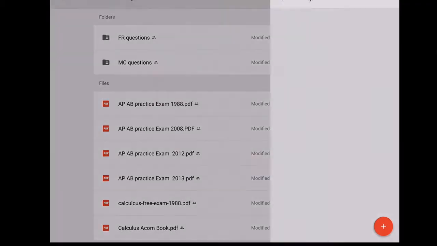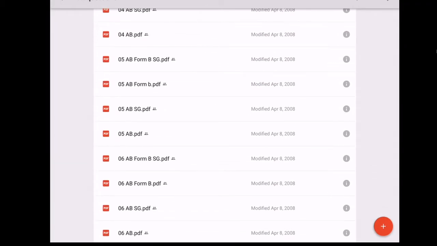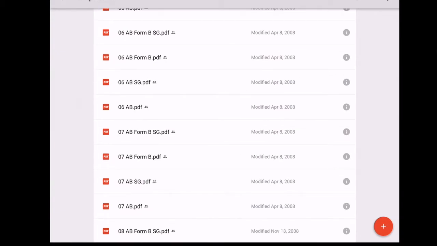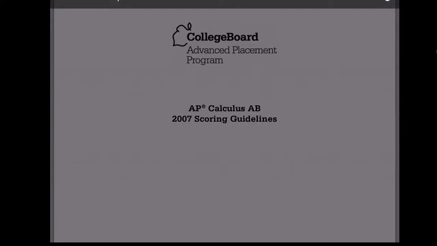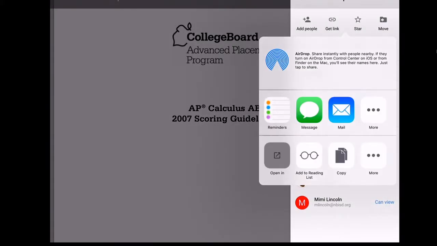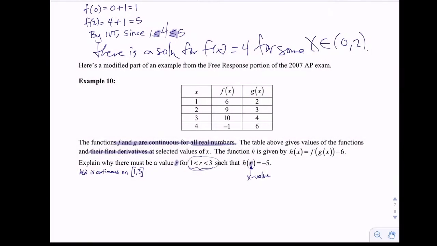It's in so many subfolders, though. 2007. I'm going to pull up the scoring guidelines. Huh? We're printing? Yeah, it's changed.